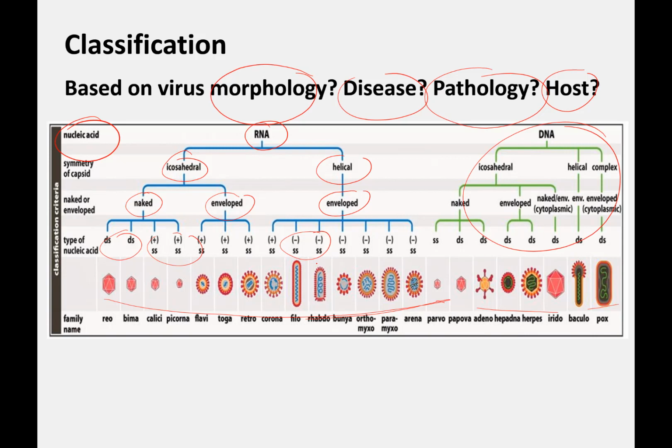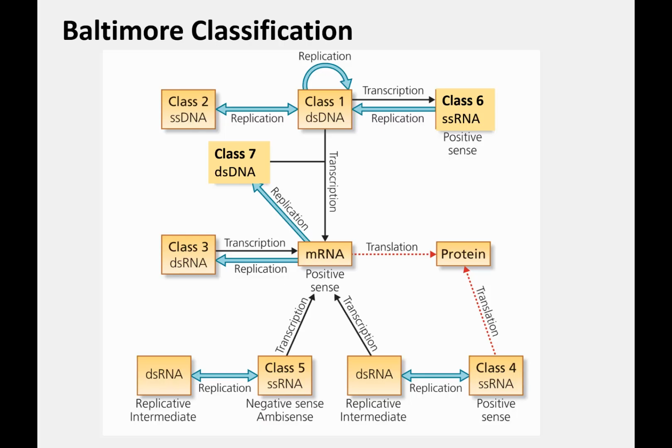So the current method of classification is called the Baltimore Classification system. Okay, and so this is based on the type of genome.